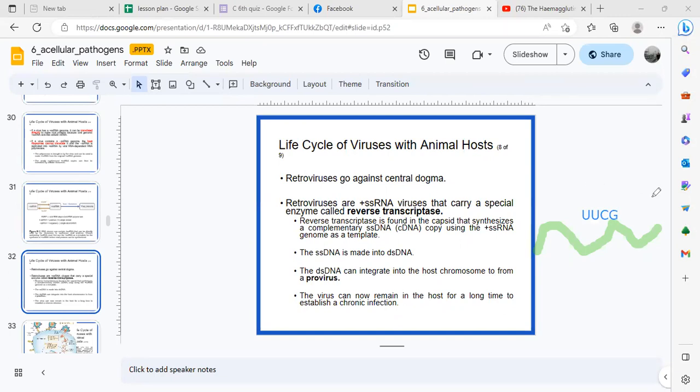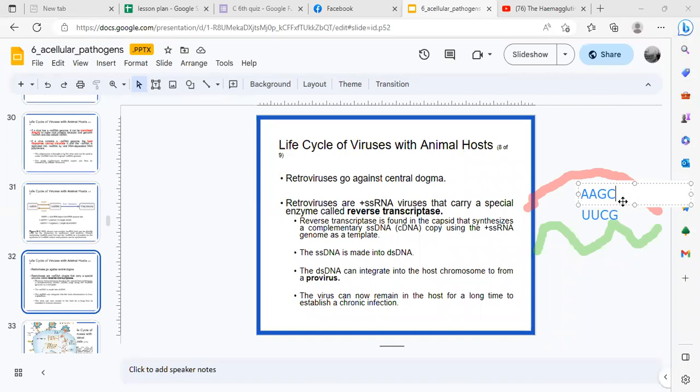So dun sa single-stranded RNA mo, so form ka dyan, example lang to. So ano ba yung complementary dyan? So from U, meron kang A, tapos yung U, A, tapos pag yan G, tapos C. Okay? Paano kung meron kang A sa kabila, no?